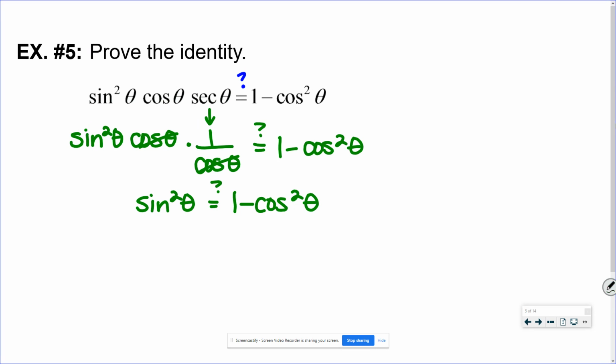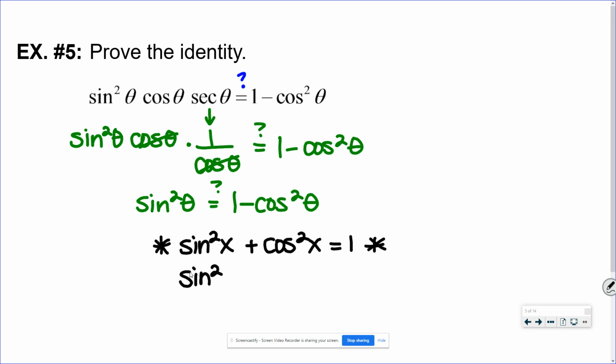Okay, now what? Well, sine squared, I could write it as 1 over cosecant. That's not going to help me make it look like this. Or I could try a Pythagorean identity. So you could go to your Pythagorean identities, pull the only one that has sine squared in it, and think about rearranging terms. So what is sine squared equal to in this identity?